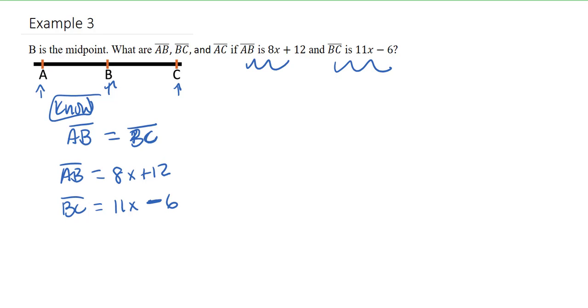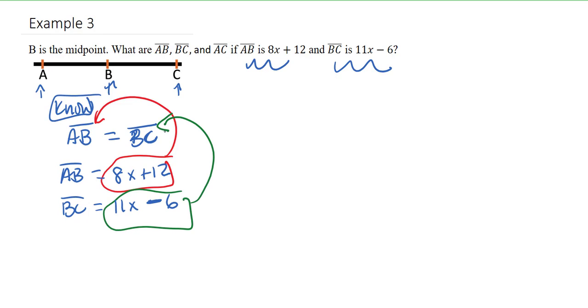Now let's plug these into what we know, which is that segment AB is equal to segment BC. So 8x plus 12 is equal to 11x minus 6. What do we need to do? Well, we need to get the x's onto one side, and the numbers to the other side of the equal sign.